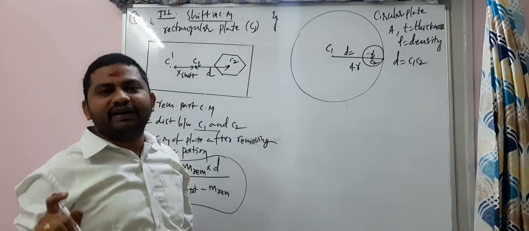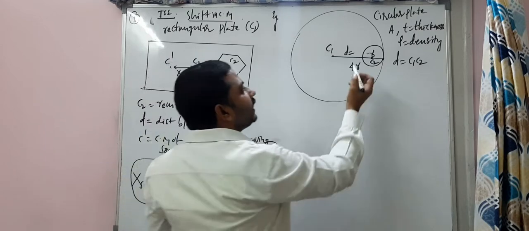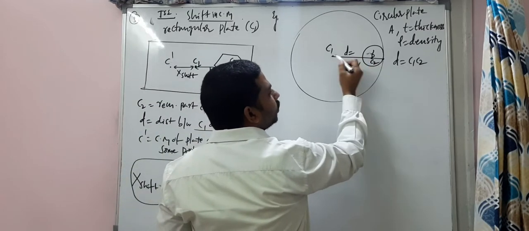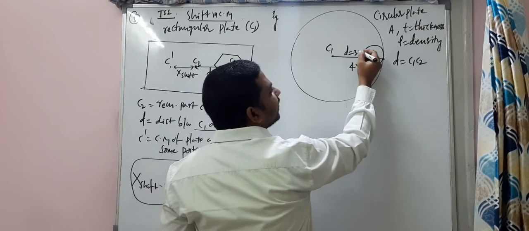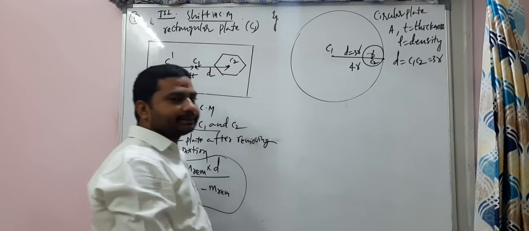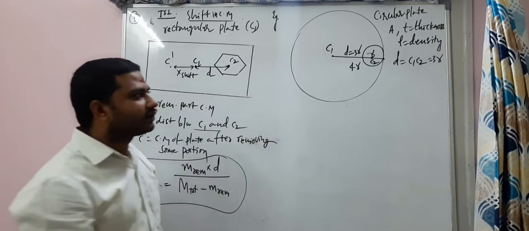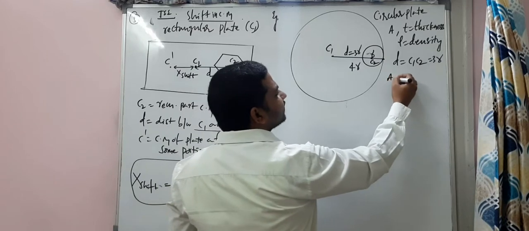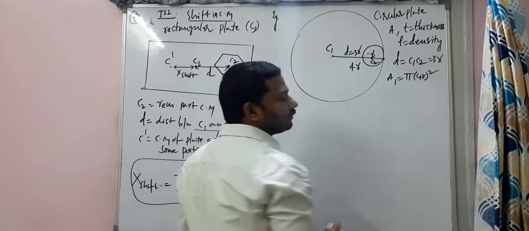Pause the video and type it in WhatsApp. Fast. What is the d? D is from here to here. Total 4r, 1r is going to be removed, and it is 3r, my dear students. The d value is 3r. Clear? Area of the first circular plate is pi into 4r whole square.